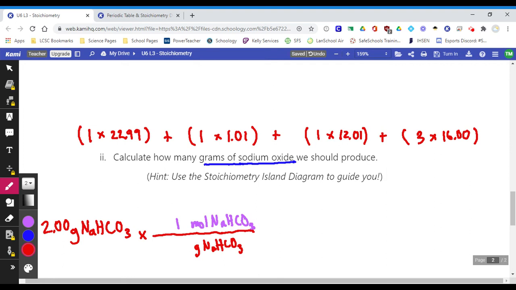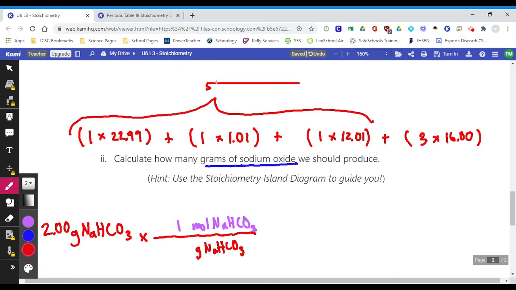So 22.99 plus 1.01 plus 12.01. All of this here, since it's all just 1 times this stuff, is going to be about 36. Here we go, 36.01 right there. Okay. Plus 3 times my 16 right here.